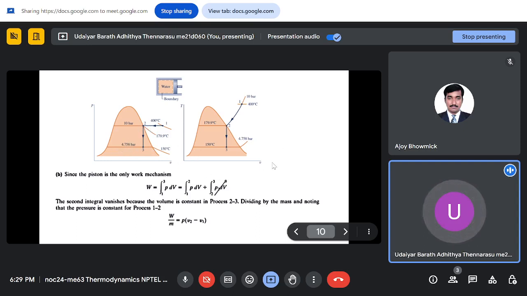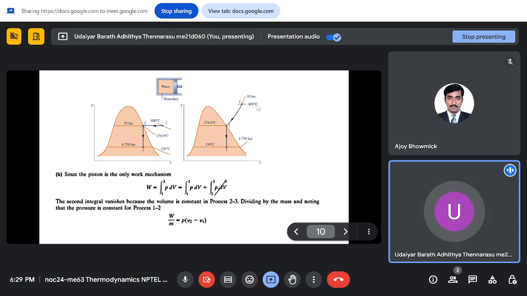And the same is shown in a TV diagram. In a TV diagram, again this orange region is your two-phase region, and these are the constant pressure lines which are plotted. At 10 bar, the corresponding saturation temperature is 179.9 degrees Celsius.